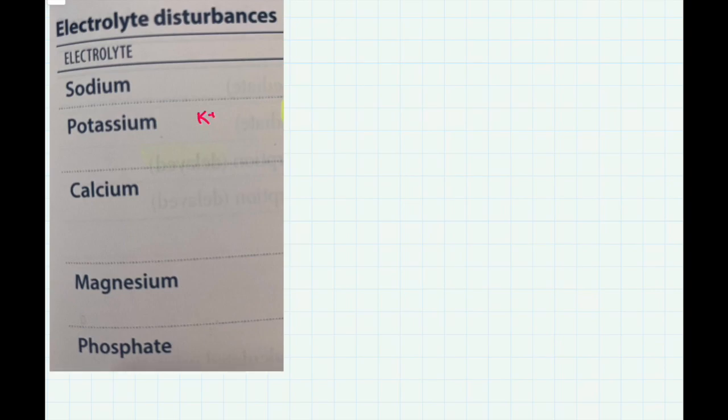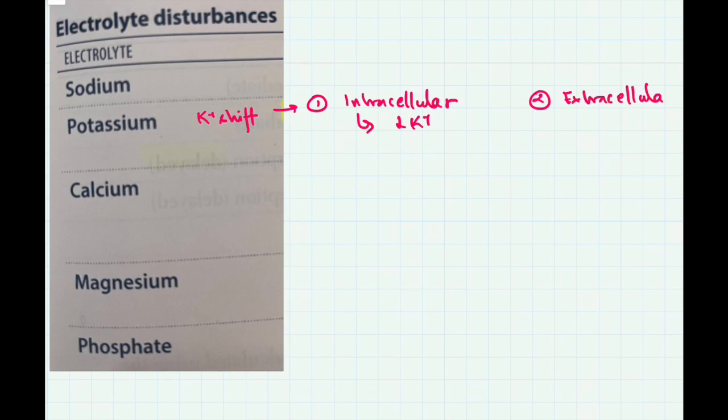First are conditions causing intracellular potassium shift, and this leads to hypokalemia, that is less potassium is available in the blood, and second is the extracellular potassium shift leading to hyperkalemia. The causes of intracellular shift, and this question was asked this year only.